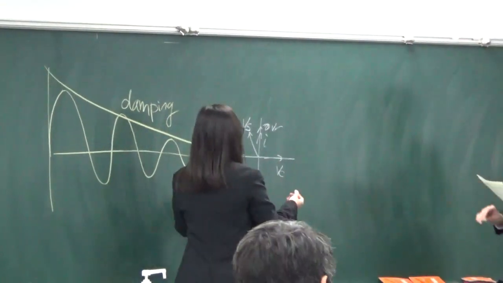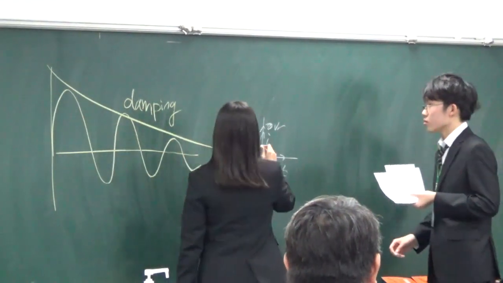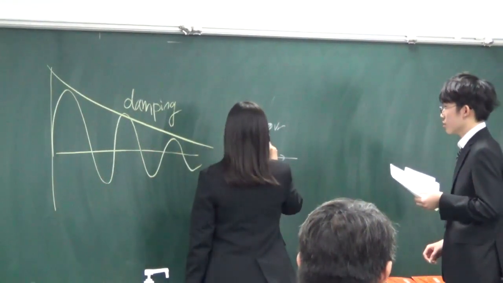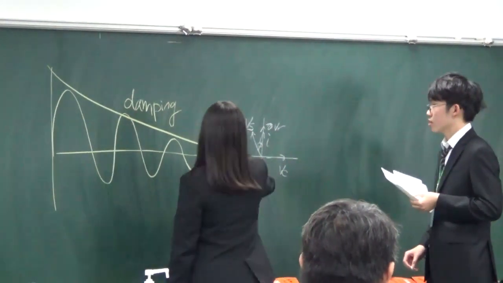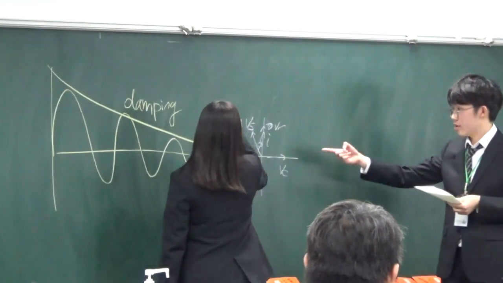Yeah, so we can find the three voltages and the source voltage, but as you can see right here, it's not like this. So yeah, there's an angle right here.